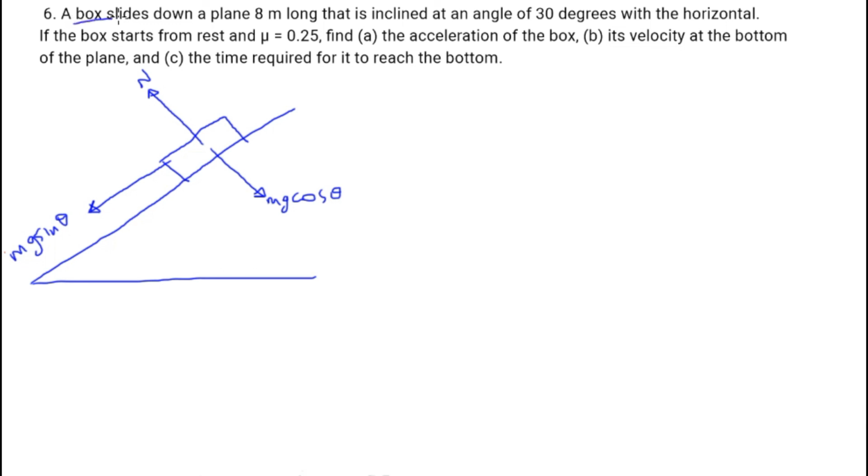A box slides down. That means for this question, the object is actually moving down the plane. So there will be a frictional force that will oppose the motion of the object, Fr. The distance along the plane is given as 8 meters. Let's have that right here as d equals 8 meters, and the angle theta is 30 degrees.